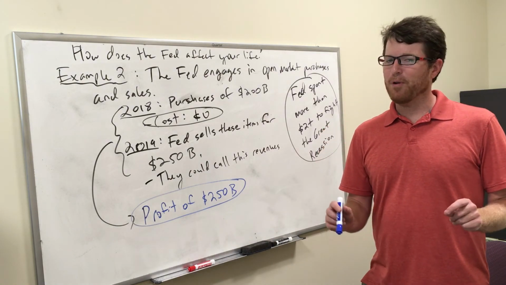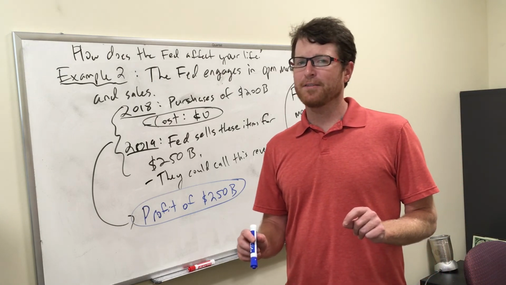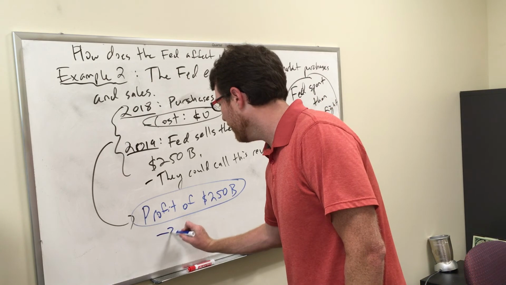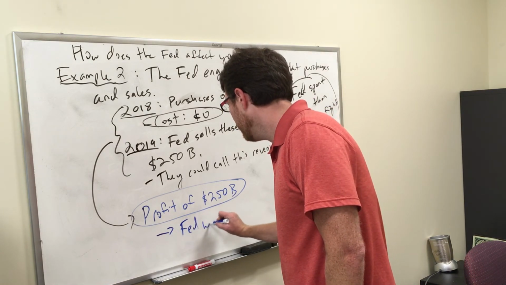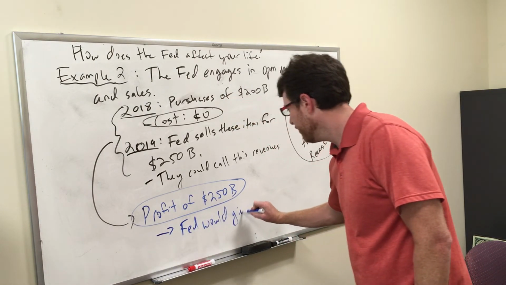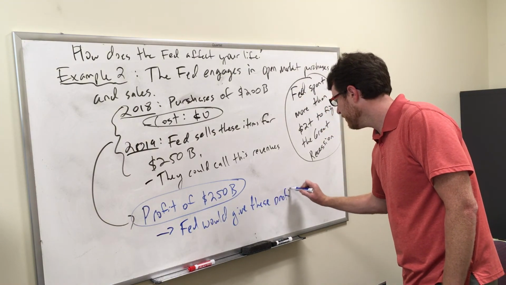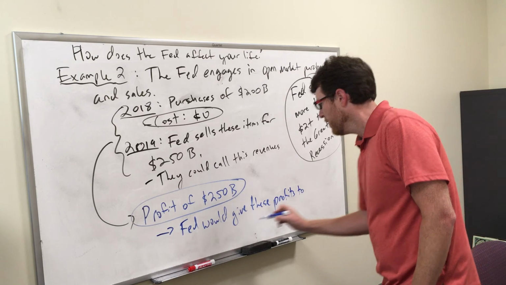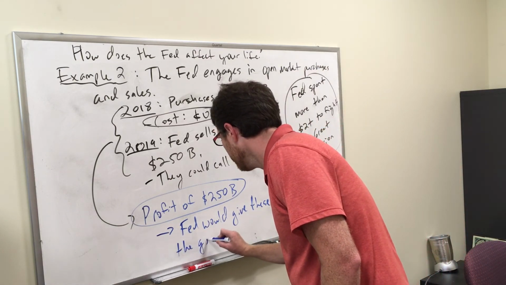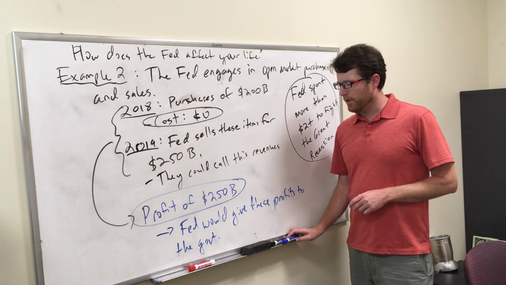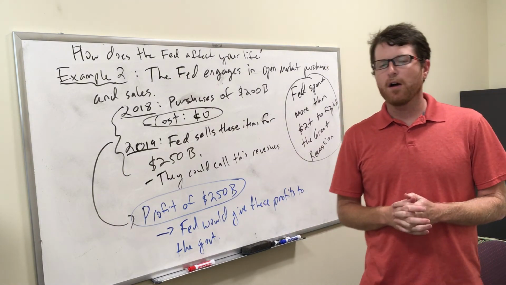All right, we said the Fed is private, but they definitely have some ties to the public sector. They definitely have ties to our government. So what actually happens here is the Fed would give these profits to the government, and this is actually what the Fed does.